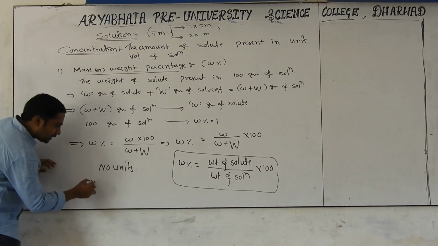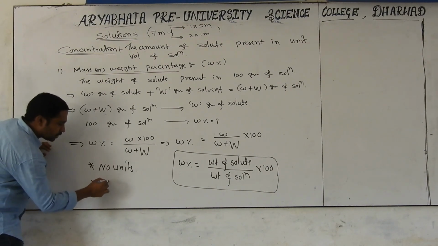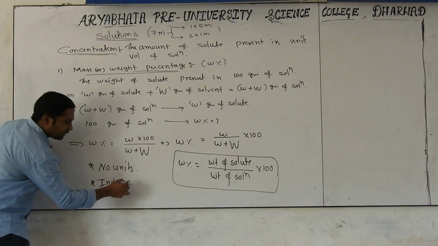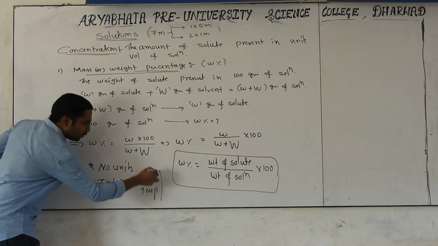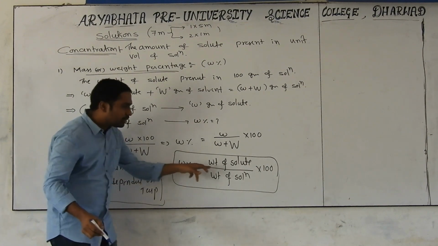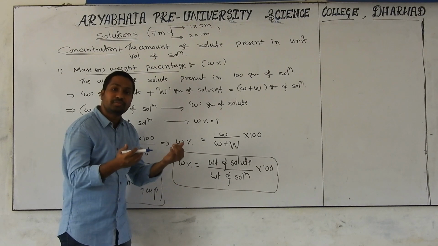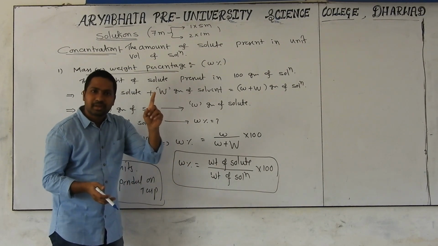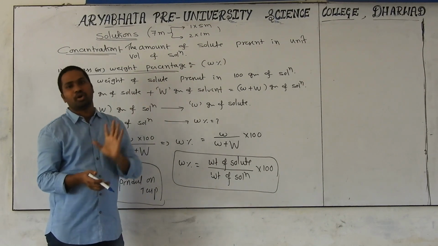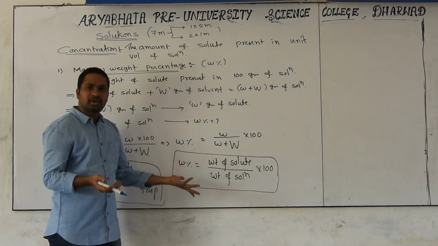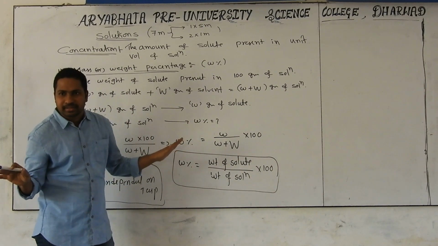Does it depend upon temperature or is it independent? It is independent of temperature changes. How? In this formula, is there any volume term? No volume term, so no effect of temperature. The effect of temperature is shown when the formula has volume terms. Here all are weights. Whatever temperature you maintain, the value remains constant.